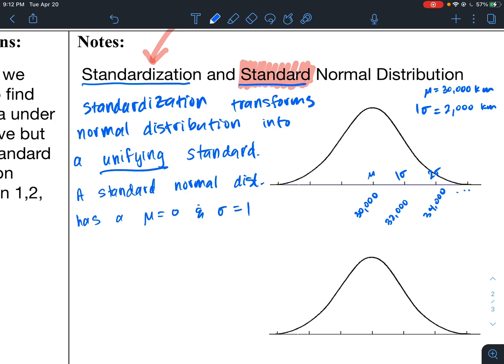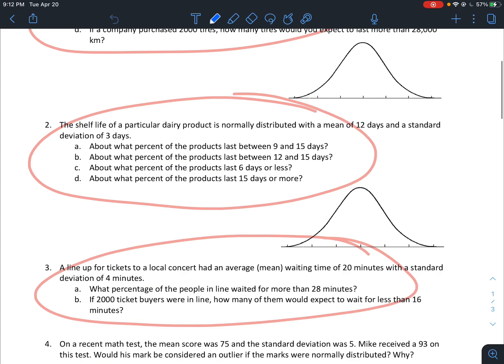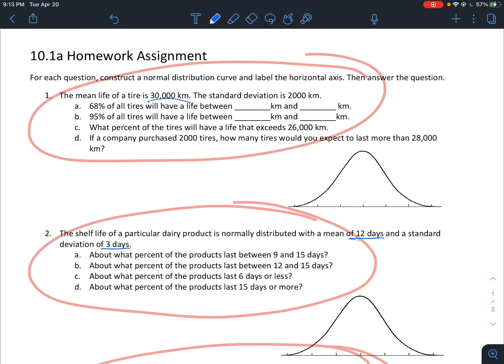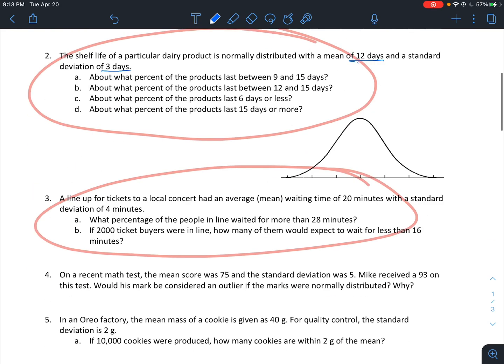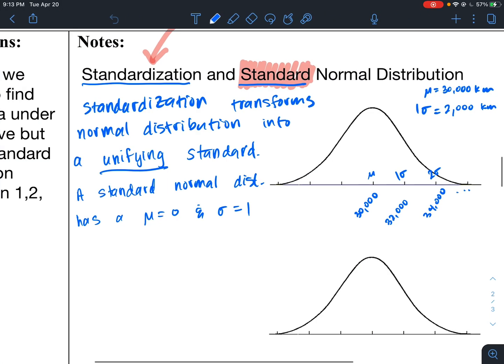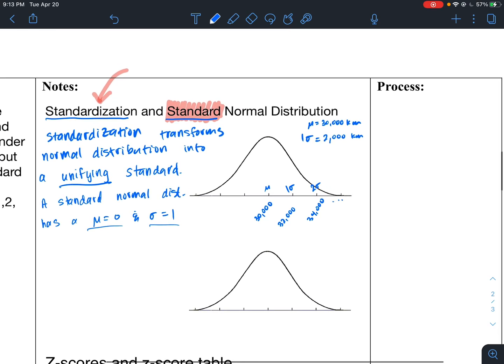In all the examples we went through before, this one had a mean of 12 days and a standard deviation of 3, and this one had a mean of 30,000 and a standard deviation of 2,000, and so on. We can standardize all of them so that they all have a mean of 0 and a standard deviation of 1. That's what standardization does.